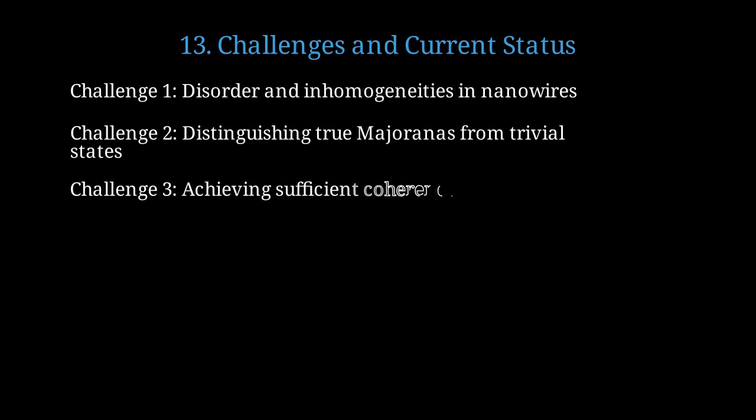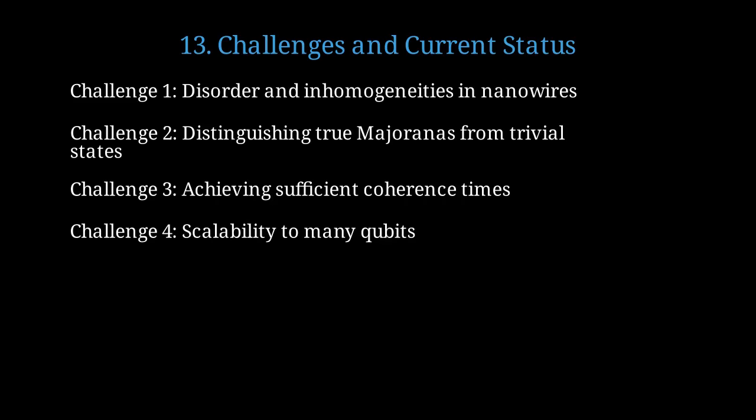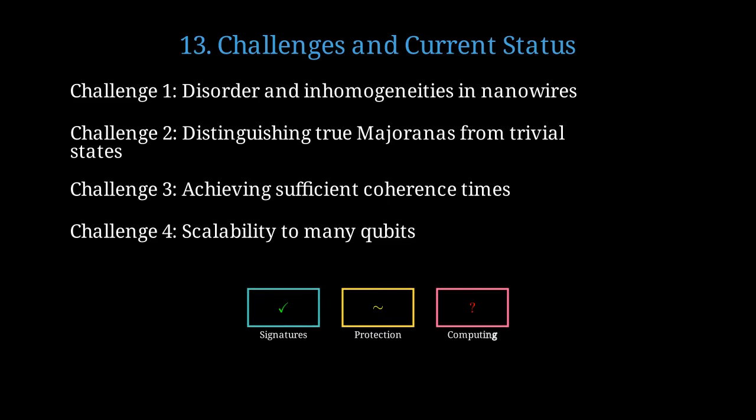Even if Majoranas are topologically protected, they still interact with their environment, limiting coherence times. Moving from demonstrating individual Majoranas to building arrays of interconnected qubits presents enormous engineering challenges. Progress map: signatures are well established, topological protection is partially demonstrated, but fault-tolerant computing remains an open question.